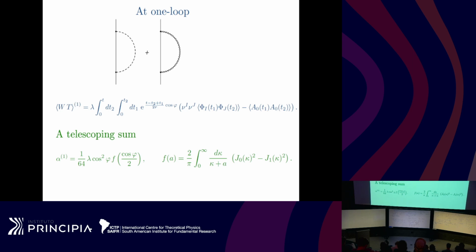And of course we only see something from those fields which are affected by the monopole. So here we get a contribution from scalars like that, and a contribution from the temporal component of the gauge field, because the Wilson line lies in the temporal direction.